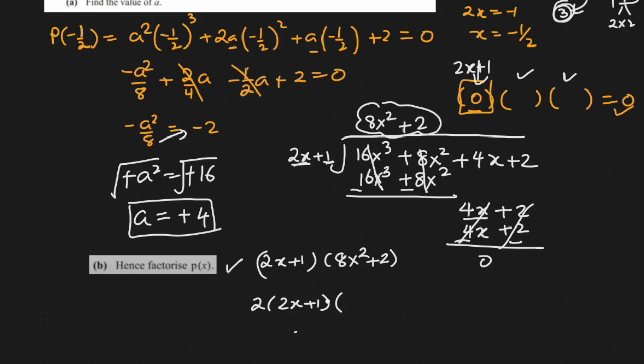Out of 8, 2 is out, so 4x squared is left, and 2 divided by 2 is 1. This is a positive quadratic, it cannot be factored further, so this will be the final factorization of p of x. Do we have another part of this question?